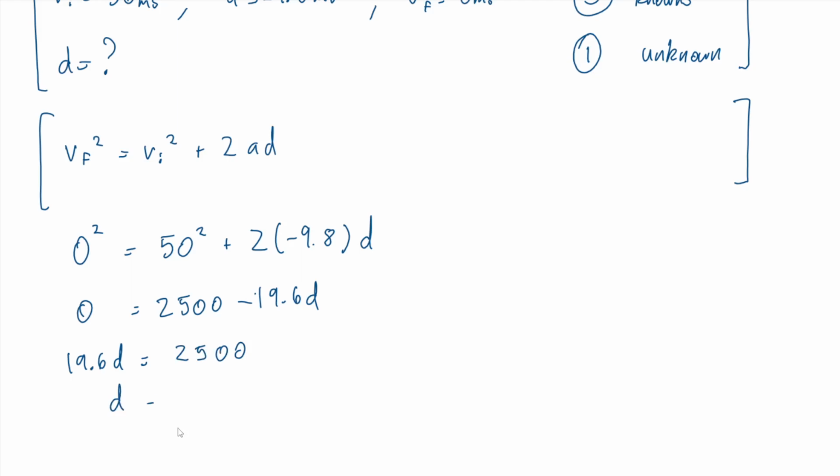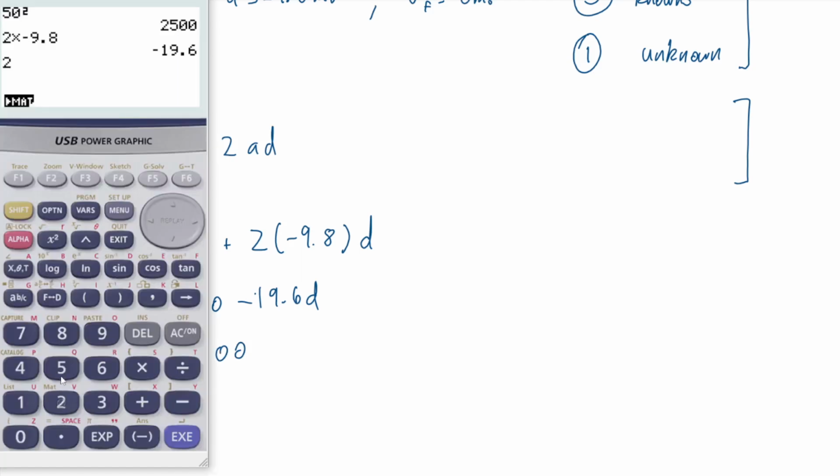I will then divide both sides by 19.6 to give D is 127.55.